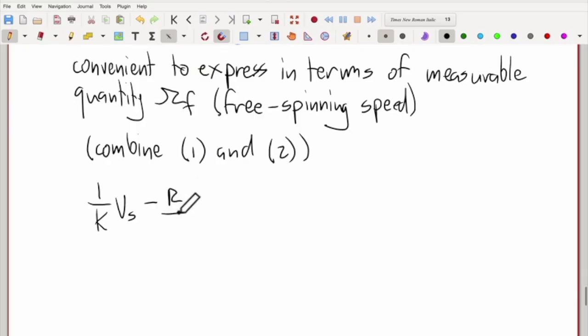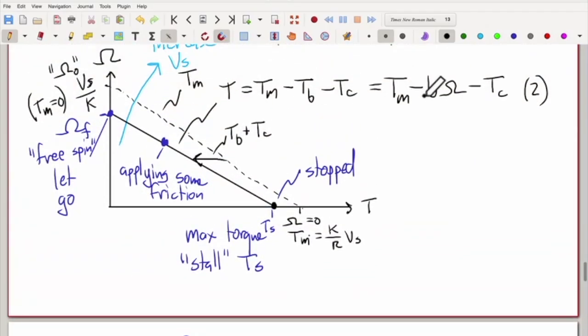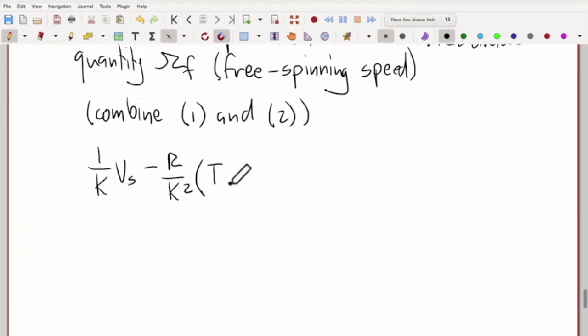We have this r over k squared, and in place of Tm, I'm going to write this equation we used here, rearranging this to get T instead of Tm. So this is T plus B omega plus Tc, and that equals omega here.